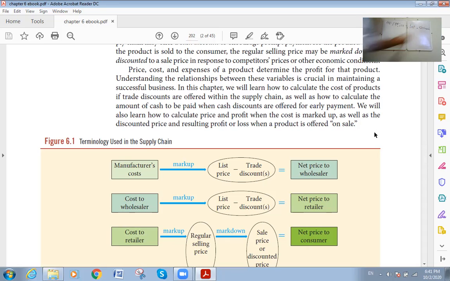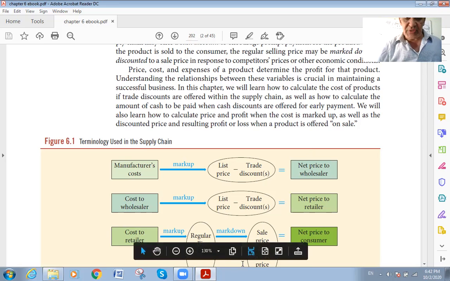The list price is the price of the product itself, written on the barcode outside, and the discount is the discount which you will take for this product.